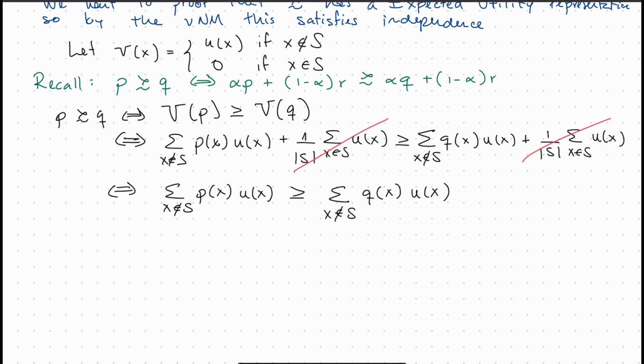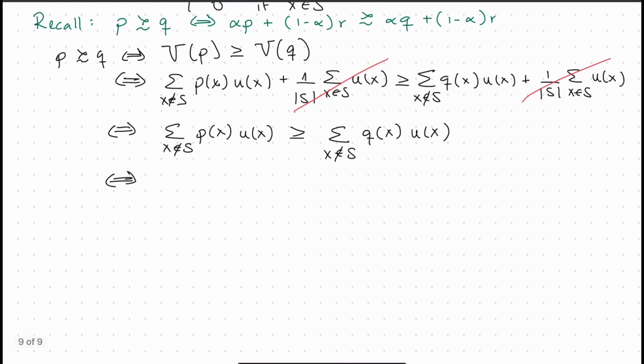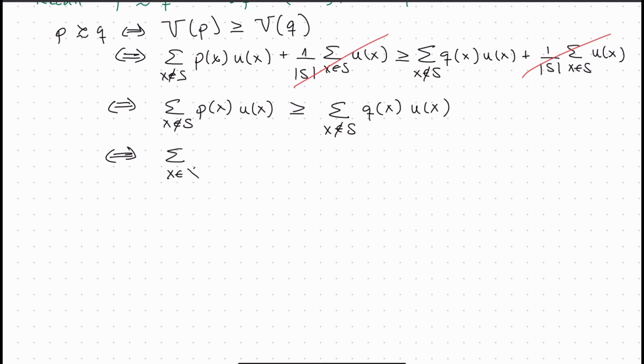And as x is not in S, remember how we defined v, lowercase v, so we'll use it right here. This is if and only if the sum over x in X of P(x)v(x) is greater or equal than the sum over x in X of Q(x)v(x). And we have finished here.